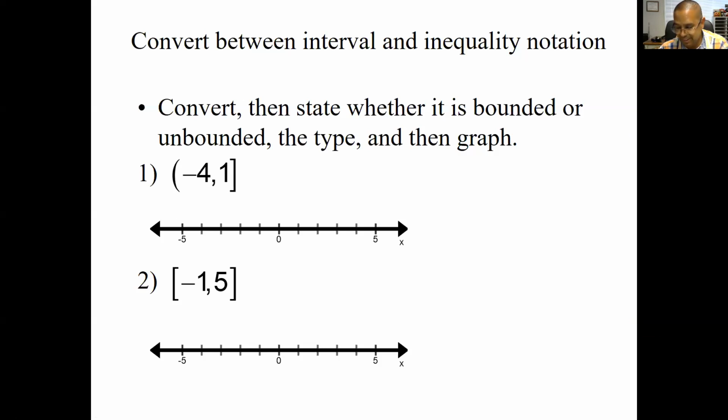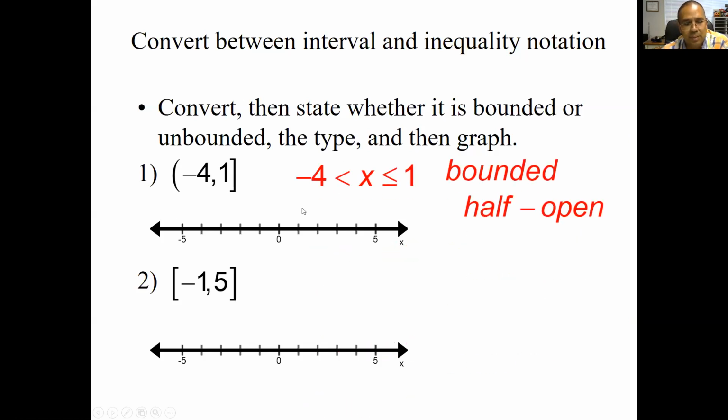So what is it? Half open. Half open. Very good. So that's what we would have. So we go to -4, go to +1, and everything in between. So hopefully you got that right.